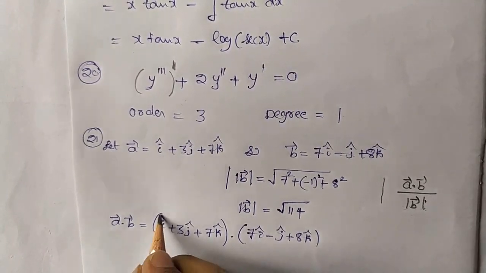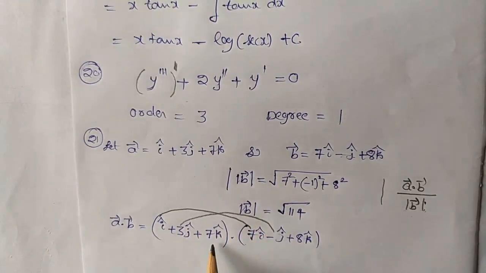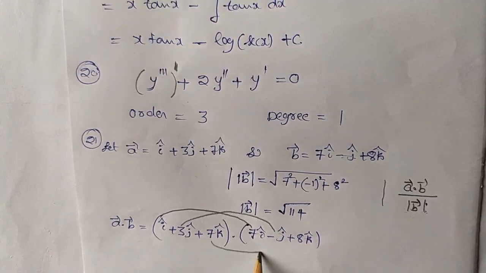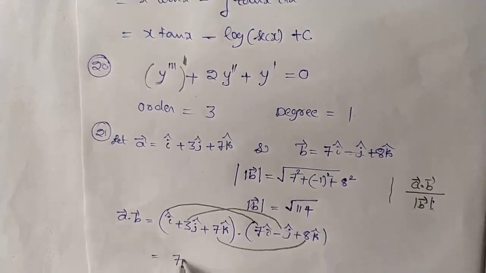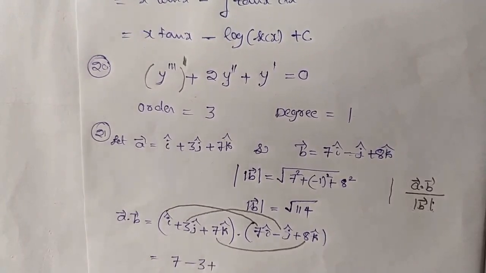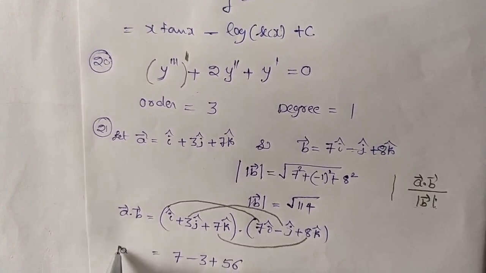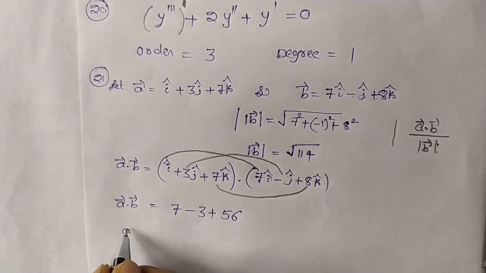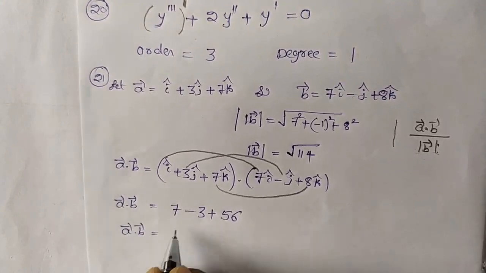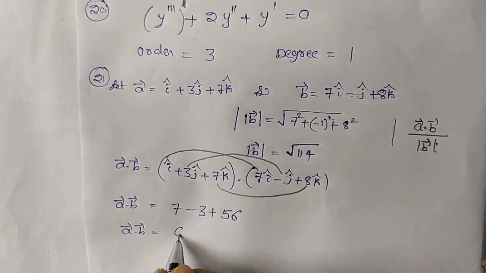Now apply the dot product: i component into i component, j component into j component, next k component into k component. That is equal to 7 minus 3 plus 56. Therefore A dot B equals 7 minus 3 is 4, 4 plus 56 is 60.